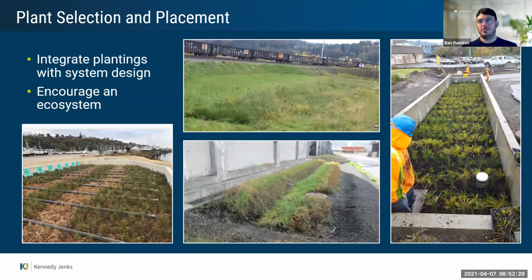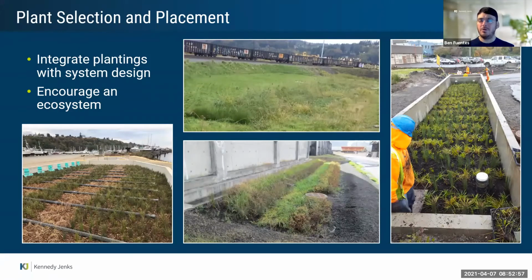As you've honed in on the types of plants, which plants you think will help with your long-term goals, we've had experience integrating the placement in a more refined manner, where if there are some plants that have a greater tendency to thrive in wet conditions, you might place those closer to your flow distribution system, or vice versa.